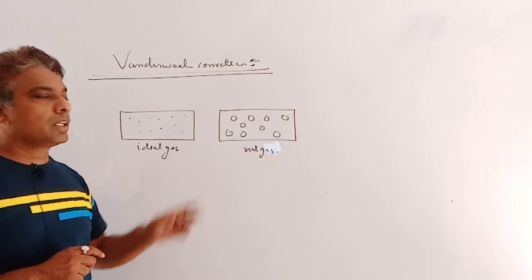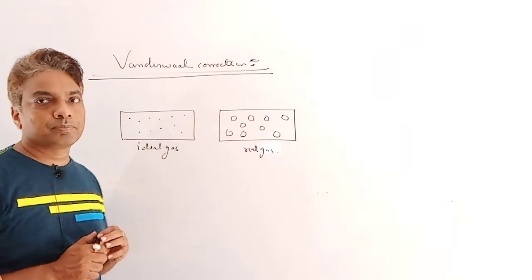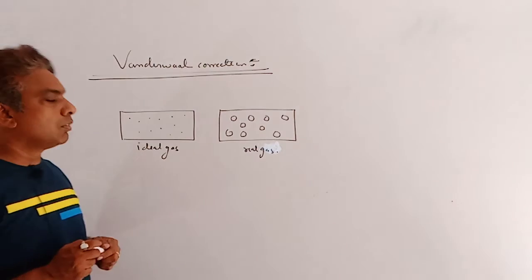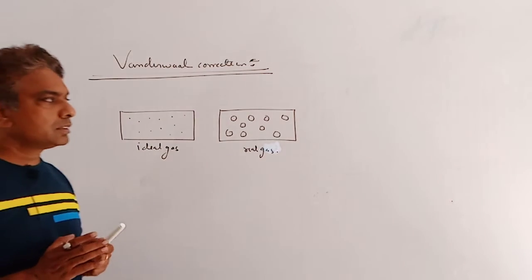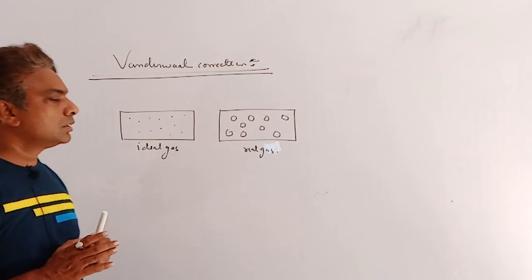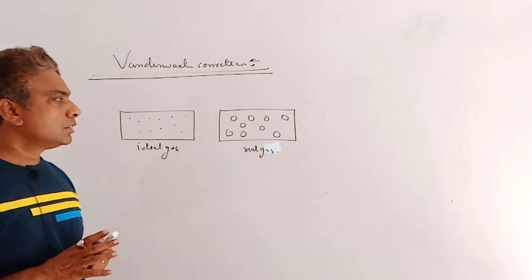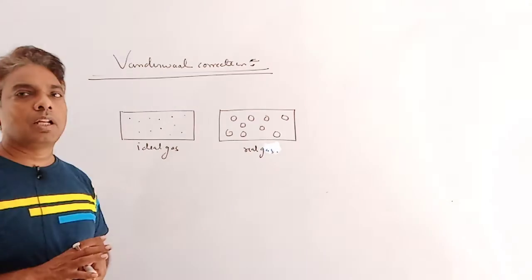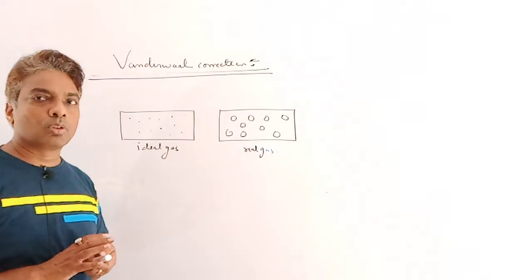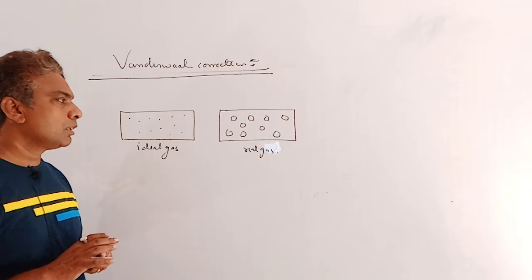But in case of real gas, it is not. The volume occupied by the real gas particles is not negligible as compared to the total volume occupied by the real gas.